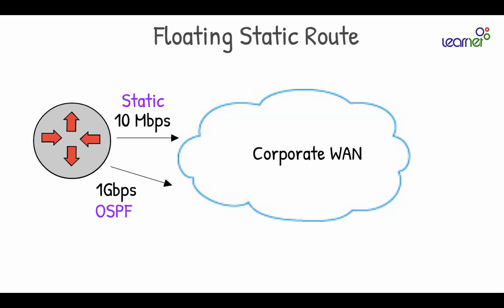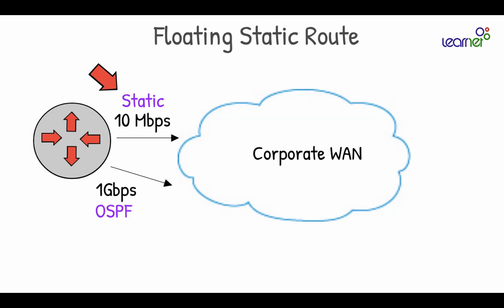Because static routes have an administrative distance of 1, which is lower than the OSPF default administrative distance of 110, the router will always choose the 10 megabit per second static route, even though the 1 gig link is clearly the better option. In situations like this, we use a floating static route.